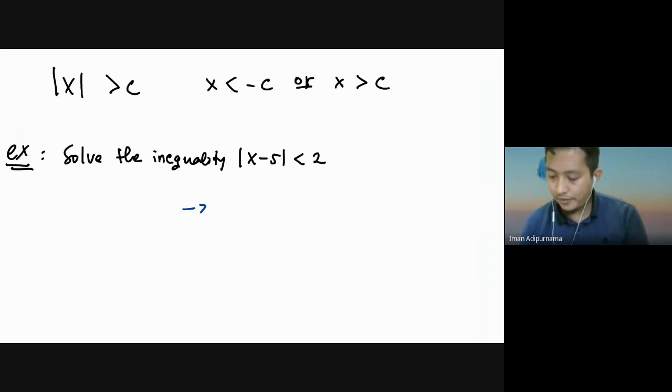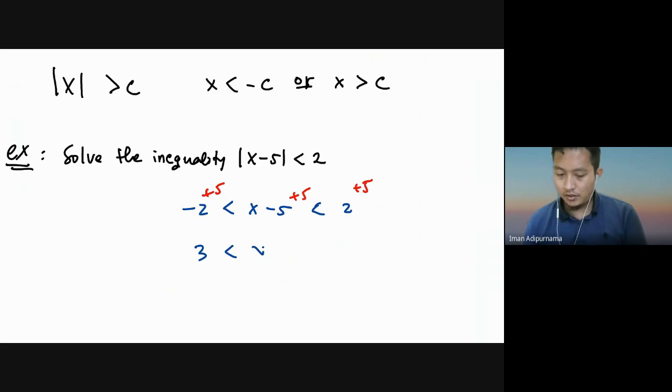So we will have this inequality. And we can solve this, plus 5, plus 5, plus 5. So we'll have 3. And that will be our solution, our interval.